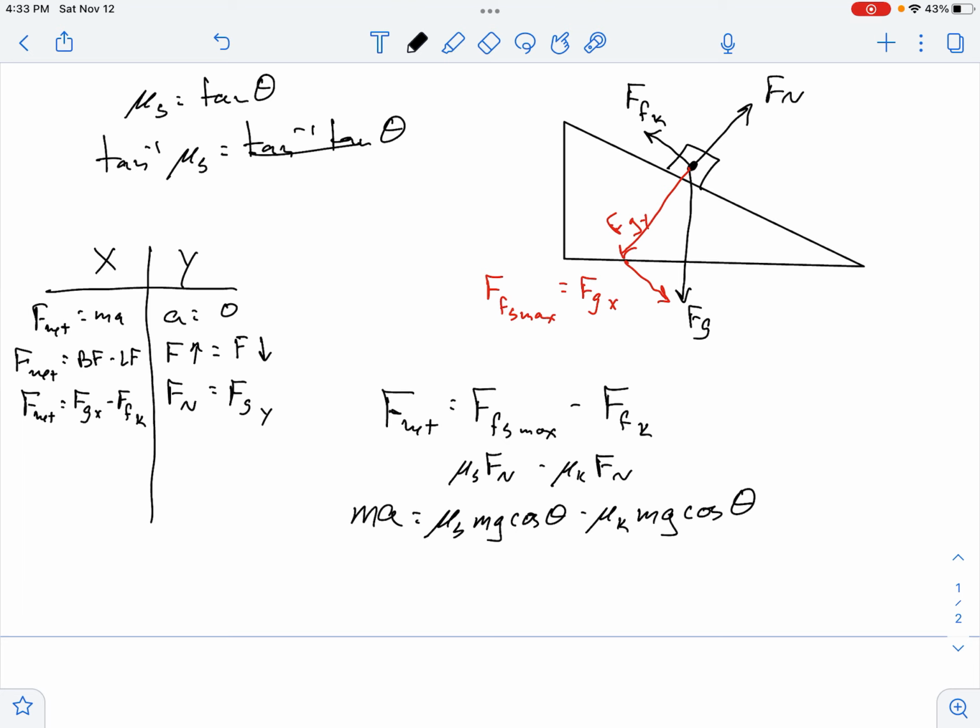Which means we can go ahead and get rid of all of my M's. They didn't give us an M, so we're lucky that that happens. And our acceleration then is just equal to mu sub s times the cosine of theta minus mu sub k times the cosine of theta.